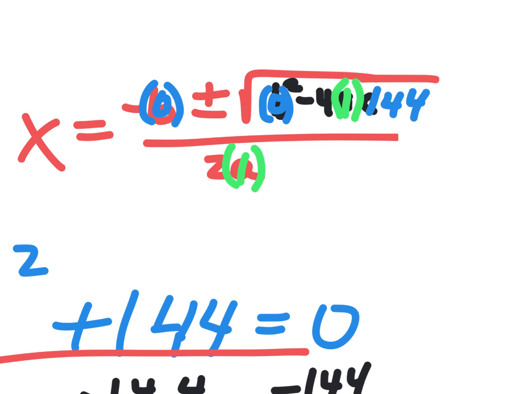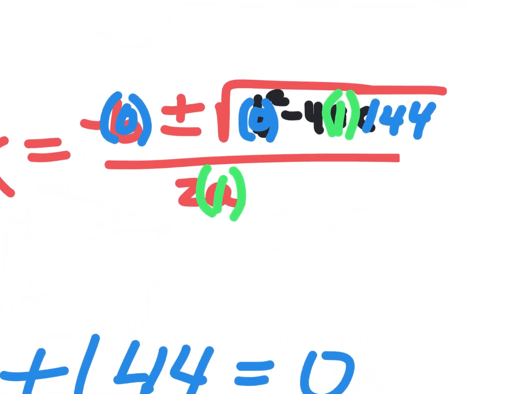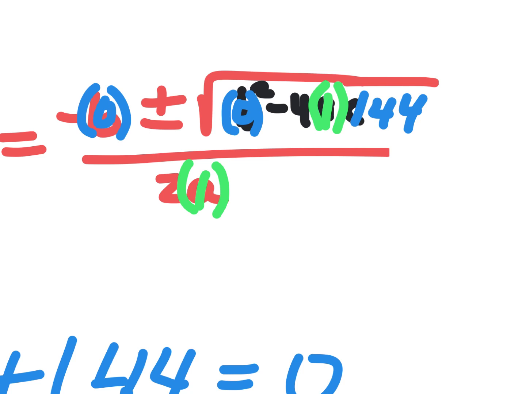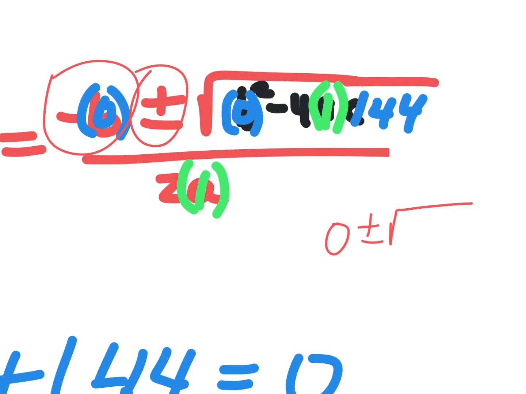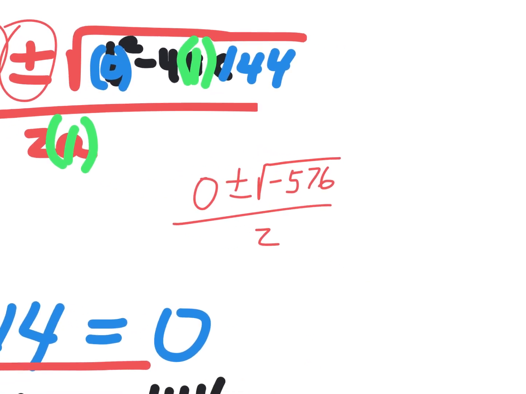All right. So let's see what you got for this one. The first part's easy. It's 0 plus or minus, plus and minus actually, the square root of, what is 4 times 144? Negative 576, all over 2. Can I drop the 0? Yeah, I can.